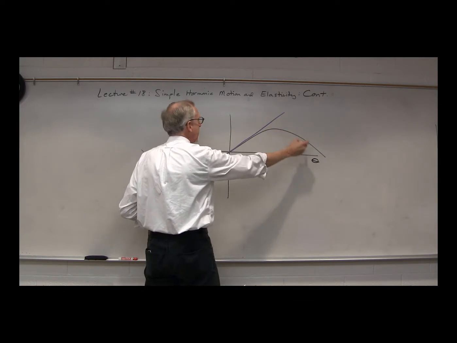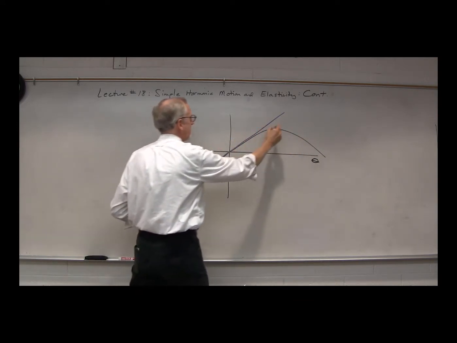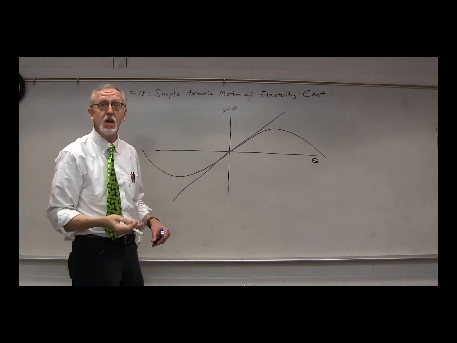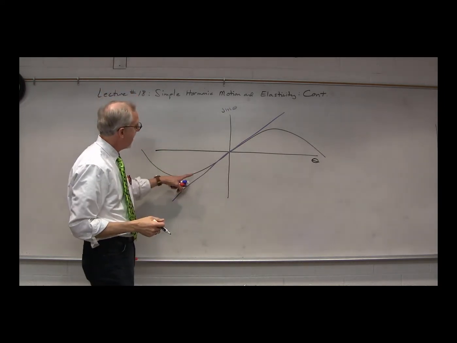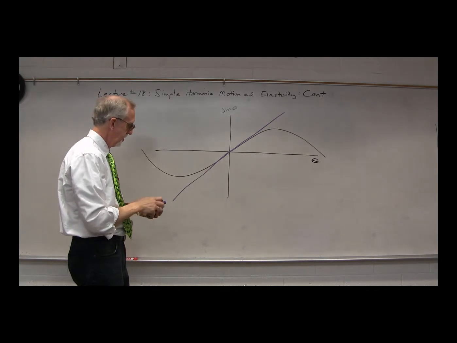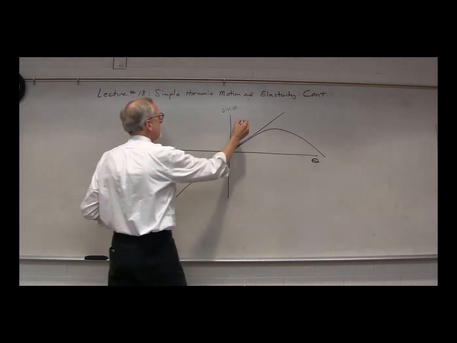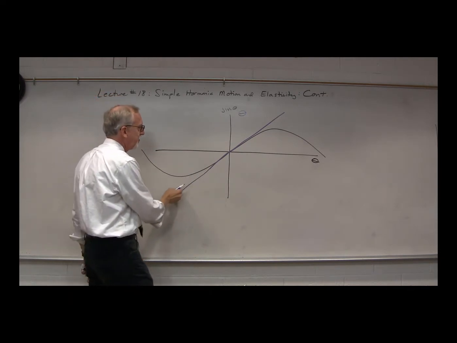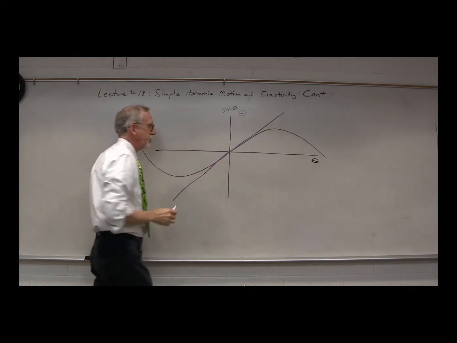The black line here is sine of theta, and keep in mind, this is theta in radians. And then the blue line here, this is theta. So theta, as a function of theta, is just a 45-degree line going right through the origin.